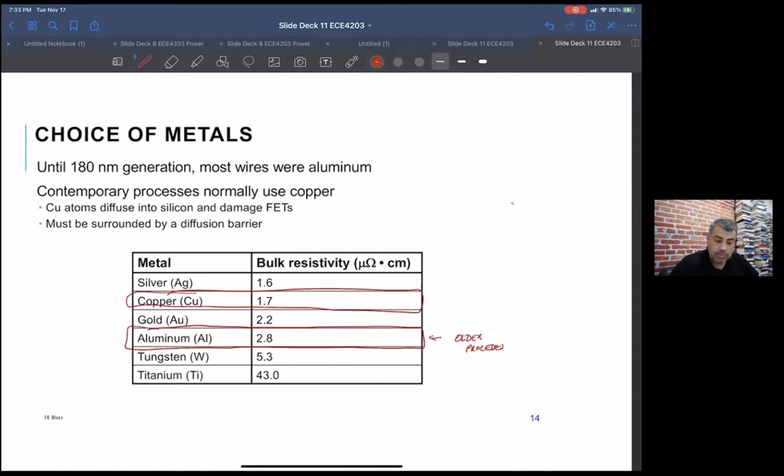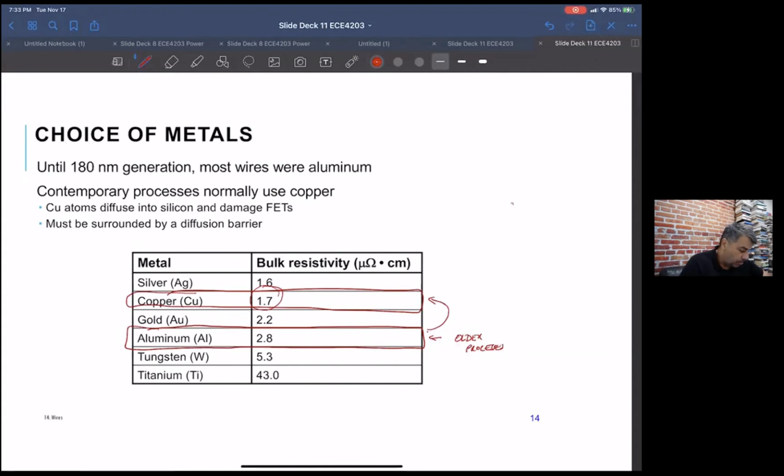So people were looking for something with lower resistivity that was inexpensive, et cetera. And they chose copper, which was reasonably easy to deal with and had a much lower resistivity than aluminum. And so those are the two you see.